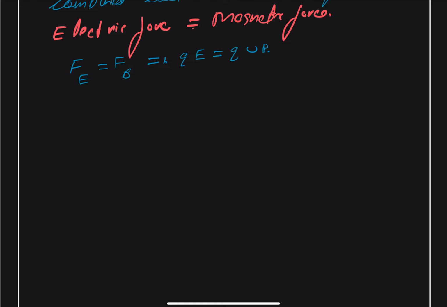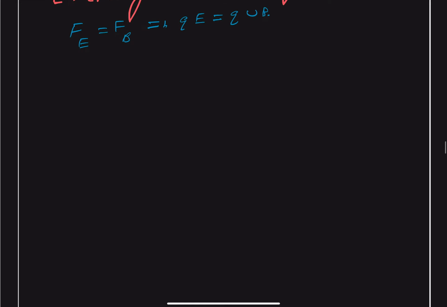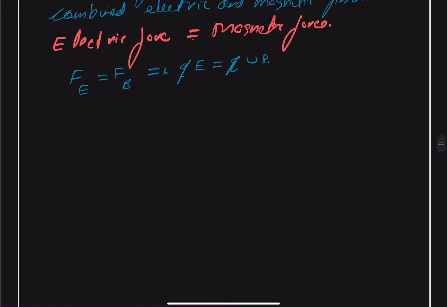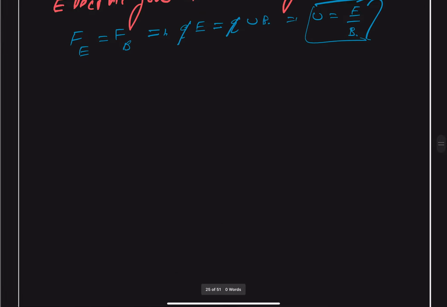And when it is moving in a circular path, so here Q goes with Q, so we are left with that our velocity will be our electric field divided by magnetic field, and it says that it is a circular path of 0.5 centimeter. If it is moving in a circular path, then the magnetic force provides the centripetal force.